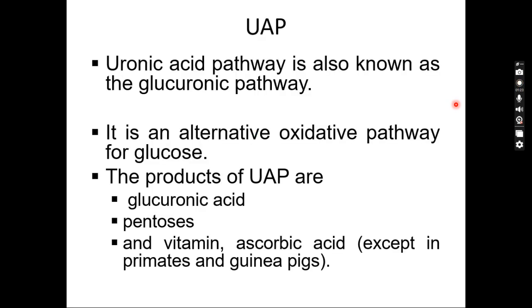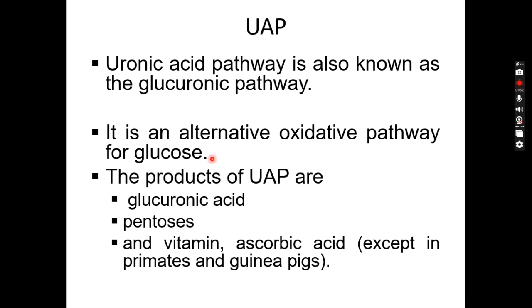So usually the uronic acid pathway, abbreviated as UAP, is also known as the glucuronic pathway. In other words, it's another alternative pathway for the oxidative pathway of glucose.